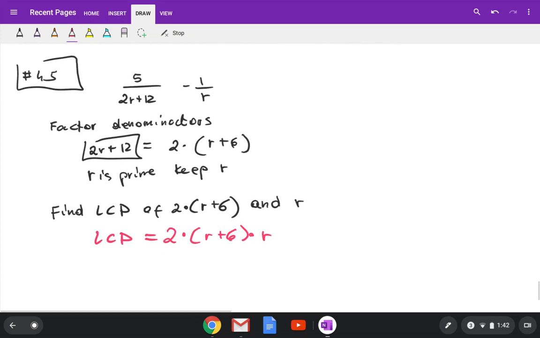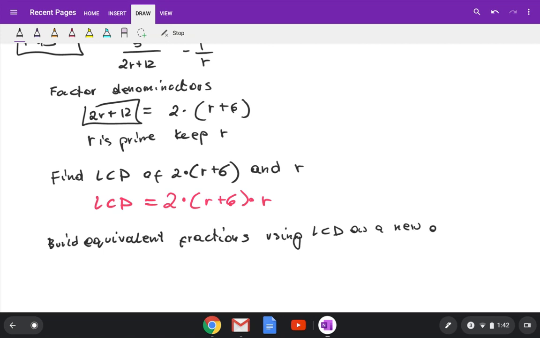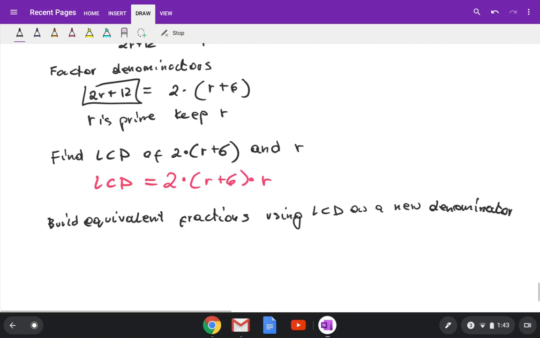Next, what you're going to do, build equivalent fractions using the LCD as a new denominator. And again, if you guys struggle with that, this is section 15.4. You can watch the lecture if you didn't watch it yet.